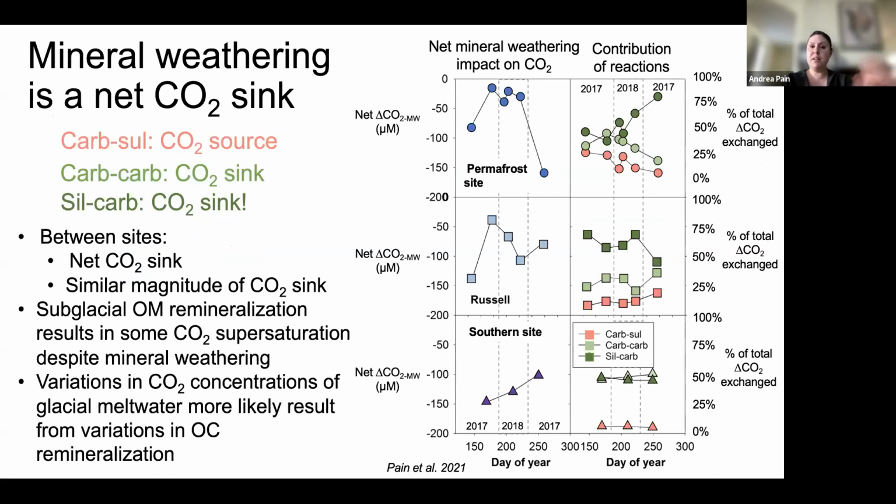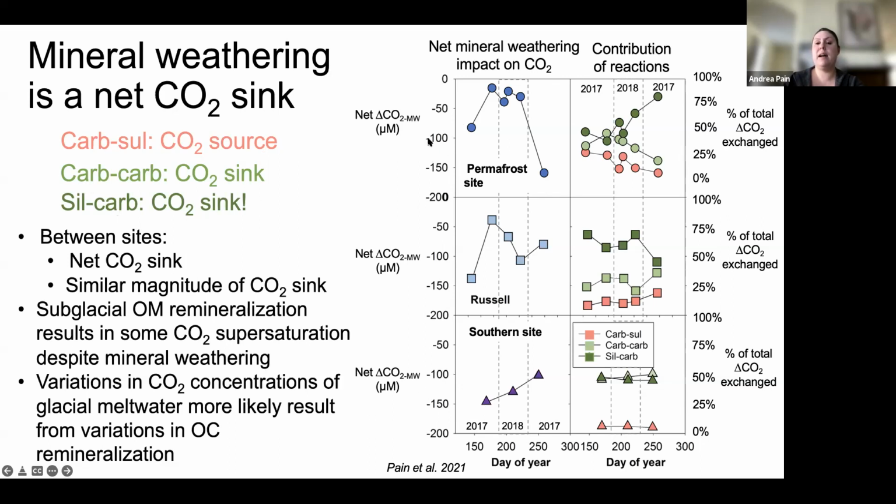So just cutting to the punch here, just reminding you that these different reactions have different impacts on CO2. So carbonate weathering with sulfuric acid is a CO2 source, whereas the carbonic acid weathering of carbonates and silicates are CO2 sinks. If we estimate the amount of each reaction that's occurring and sum them, essentially we see that the mineral weathering that's occurring across our three sites consistently leads to uptake of CO2.